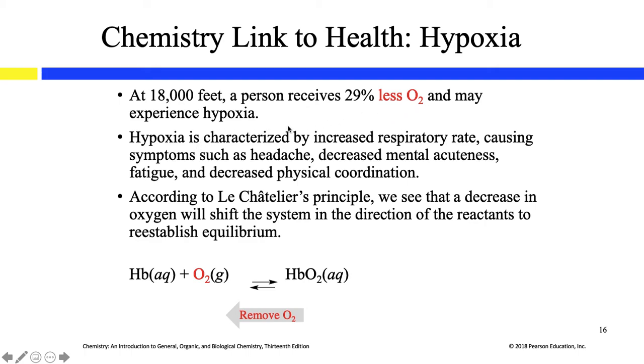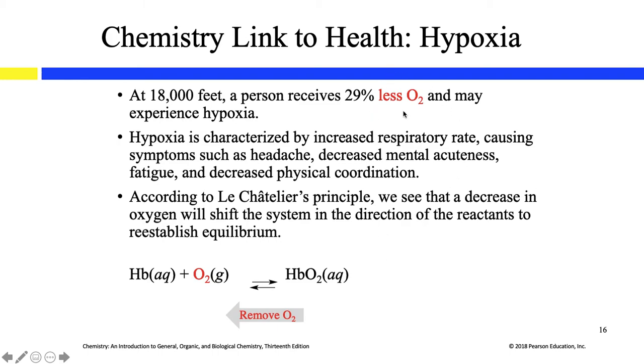And if you're not used to it because you don't live there or because you have not acclimated, you might experience hypoxia, which is characterized by increased respiratory rate. You're trying to get more oxygen into your lungs, and you might have headaches or reduced mental acuity, etc. All of these are signs of a lack of oxygen to the brain and to your body.